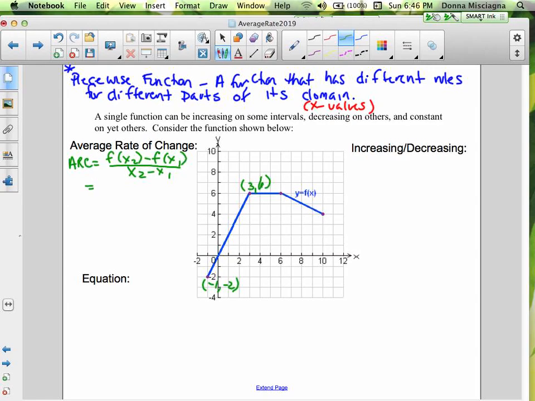So that would be -2 minus 6 divided by -1 minus 3. -2 minus 6 is -8, -1 minus 3 is -4, and that simplifies to 2. So the average rate of change from -1, -2 to 3, 6 is 2. Is that increasing or decreasing? Well, that would be increasing.